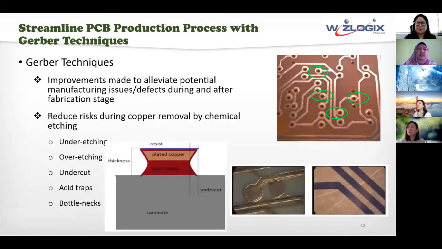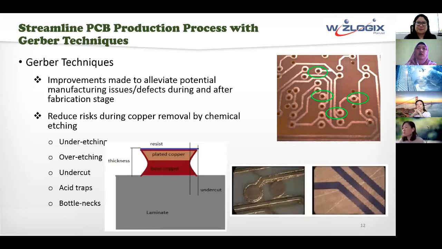Okay, so next, I will talk about Gerber techniques, how we can make improvements on our PCB layout to alleviate potential manufacturing issues during and after the fabrication stage. These improvements help to reduce risk during the copper removal by chemical etching.